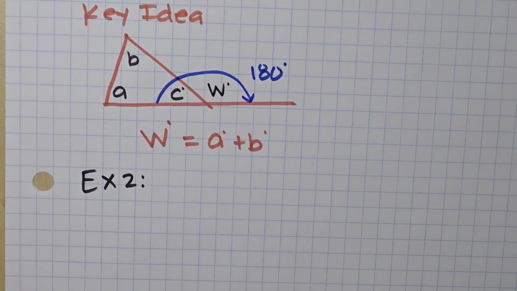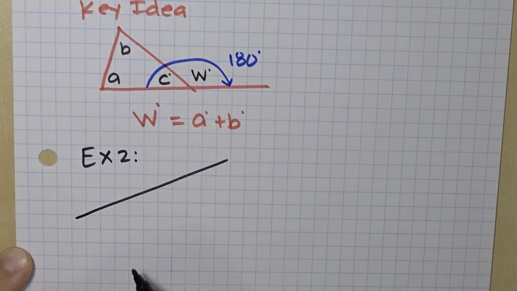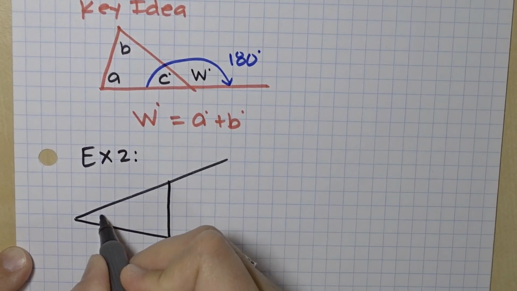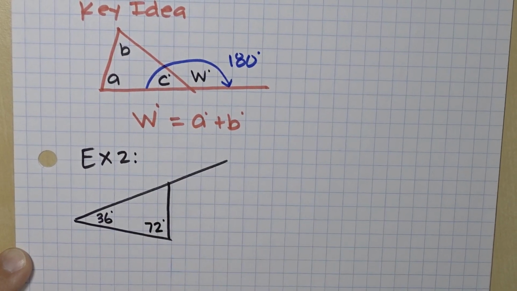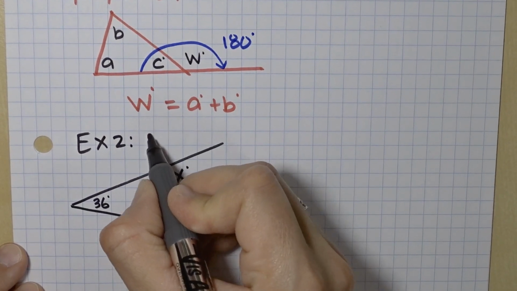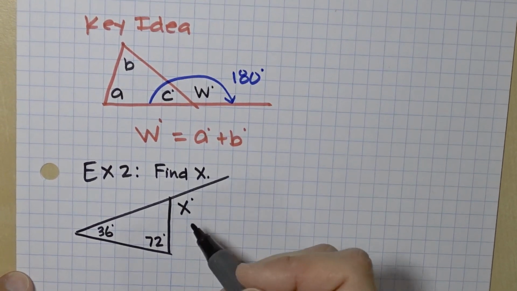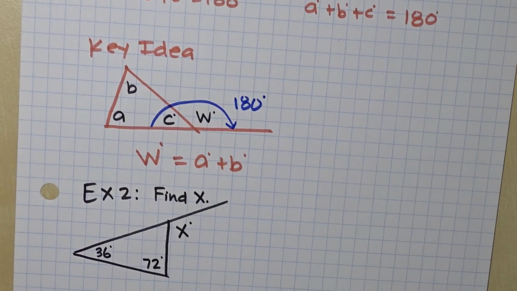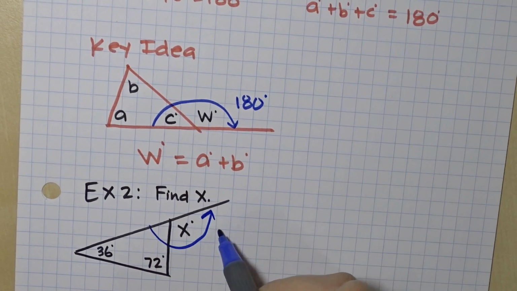So example 2. If this is 36 degrees and this is 72 degrees, how big is my exterior angle X? So here we have an exterior angle. I know that I created 180 degrees with these three angles, and I also know I have 180 degrees here.